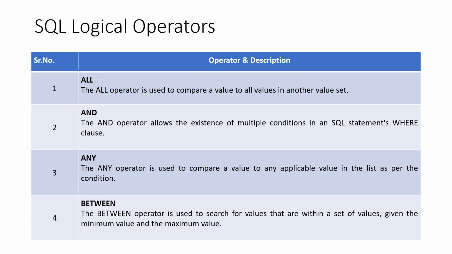When you have to search for a hospital between some range, suppose 5 to 15 kilometers, this BETWEEN will work as 5 to 15, meaning you have a minimum and maximum value range, and between those the search will be done.